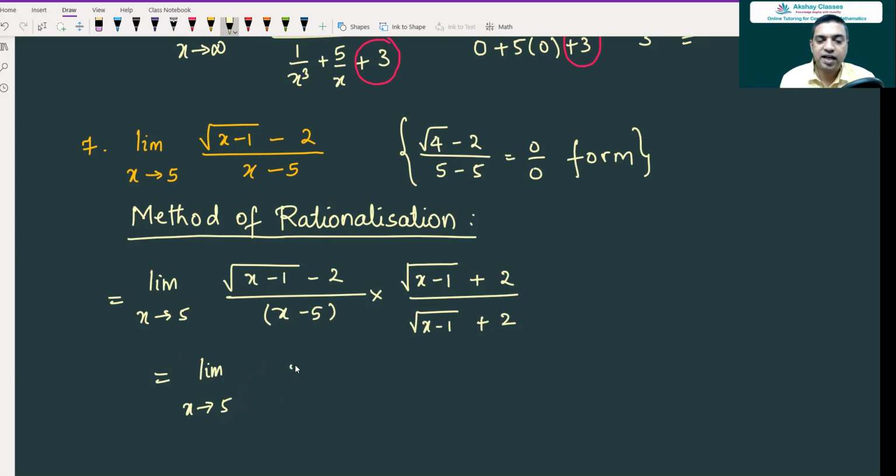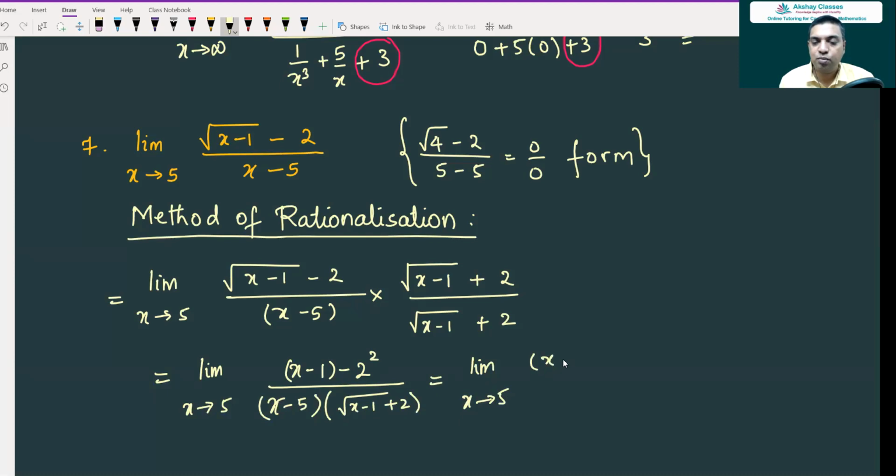So we get x minus 1 minus 2 square by x minus 5 into under root of x minus 1 plus 2. So what we get is numerator, we get x minus 5, and denominator is already x minus 5 into under root of x minus 1 plus 2.